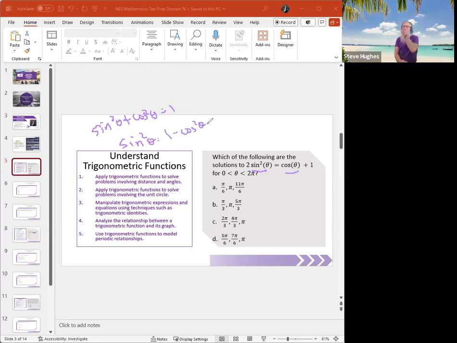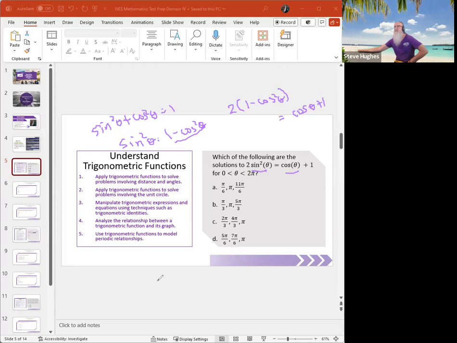Now we're going to make a substitution. So let's do that. We're going to put 2 times the substitution, 1 minus cosine squared theta equals cosine theta plus 1.